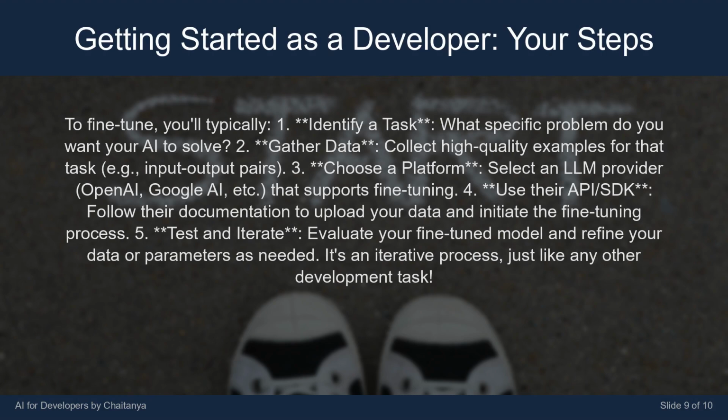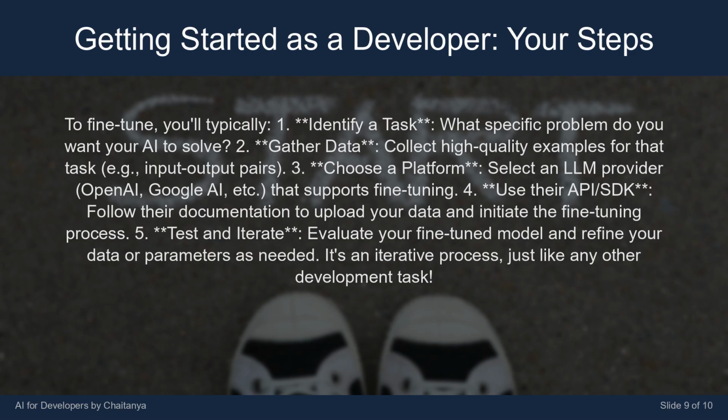To fine-tune, you'll typically: 1. Identify a task. What specific problem do you want your AI to solve? 2. Gather data. Collect high-quality examples for that task, e.g., input-output pairs. 3. Choose a platform. Select an LLM provider, OpenAI, Google AI, etc., that supports fine-tuning. 4.